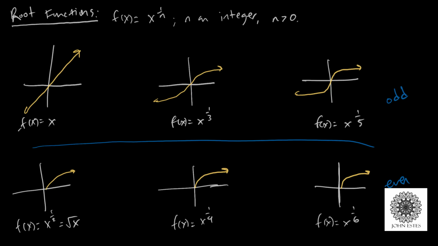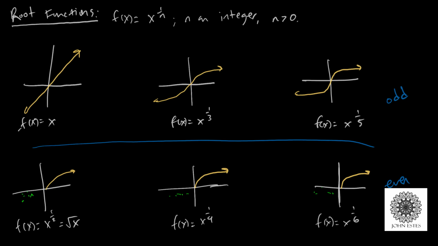The reason is because remember, for a domain, I can't take the square root of -4, for example. So nothing out here will give me a function value. And the same is true with these. There's nothing over here that will actually give me a proper value. Nothing is the fourth root of -3.